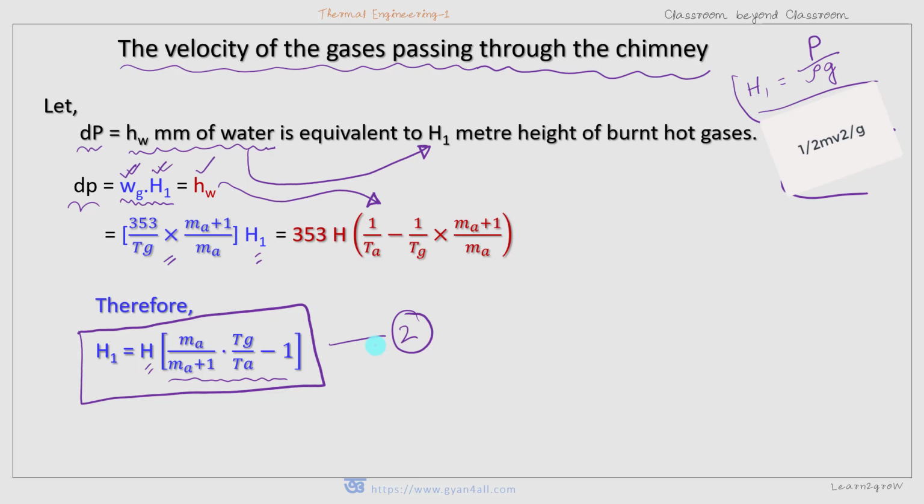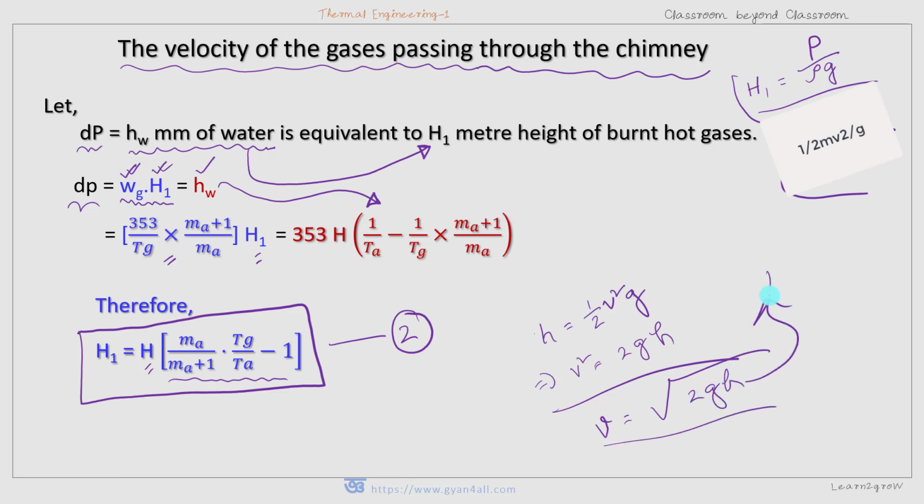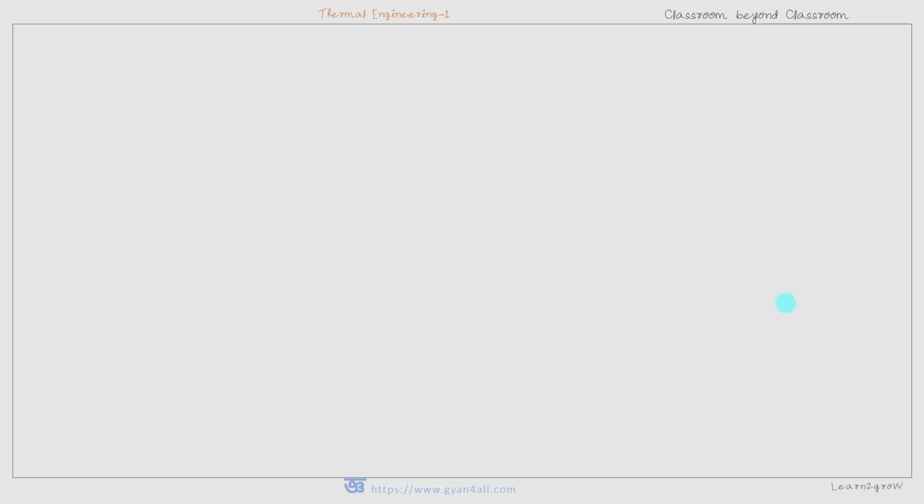So this is another important formula for calculating the velocity of gases passing through the chimney. Once we get H1, the equivalent height of hot burned gases, we can calculate the velocity using the formula head is equal to half v square, and from that v square is equal to twice g h. So if we take the square root, v, velocity of hot gas, equals root over 2gh. In this case we put h1, because h1 is the equivalent height of burnt hot gases.